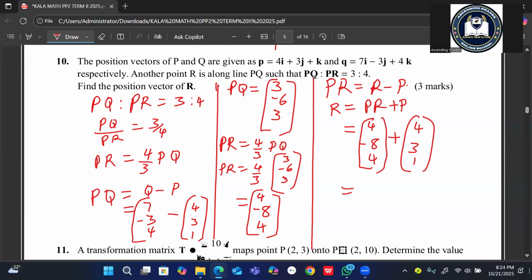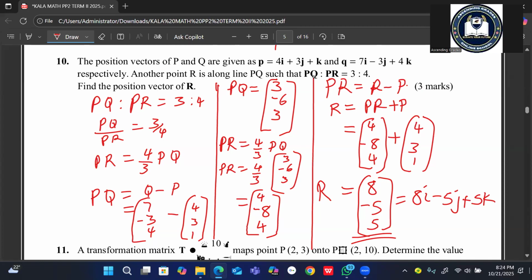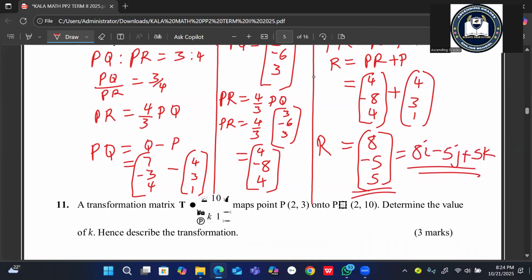So this one gives you 8. Negative 8 plus 3 is the same as negative 5. 4 plus 1 is 5. That is our point R. So which is the same as 8i minus 5j plus 5k. So that is it.